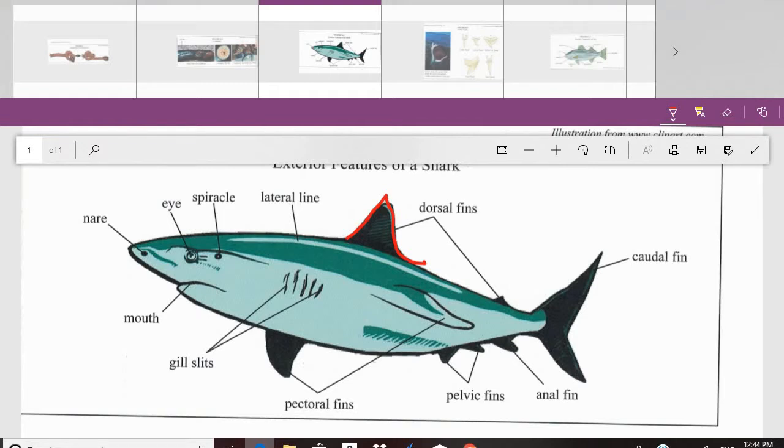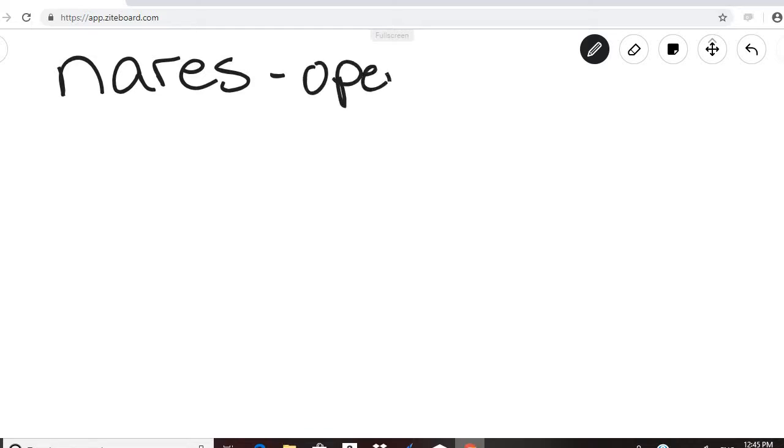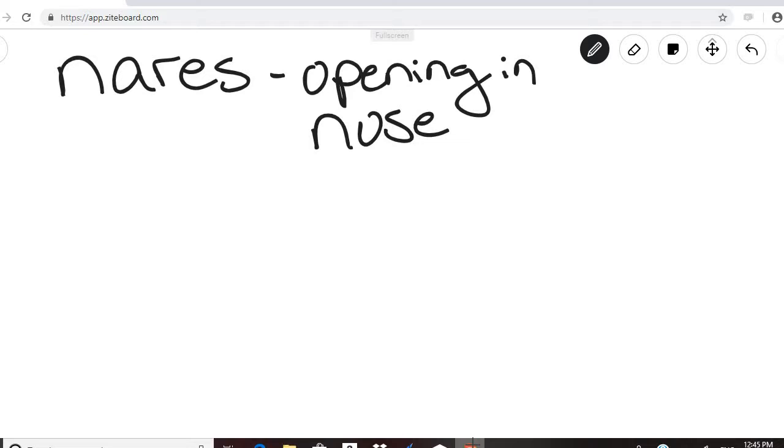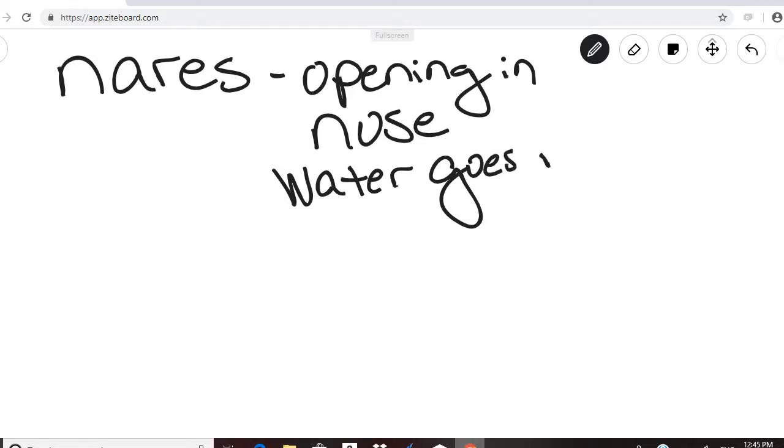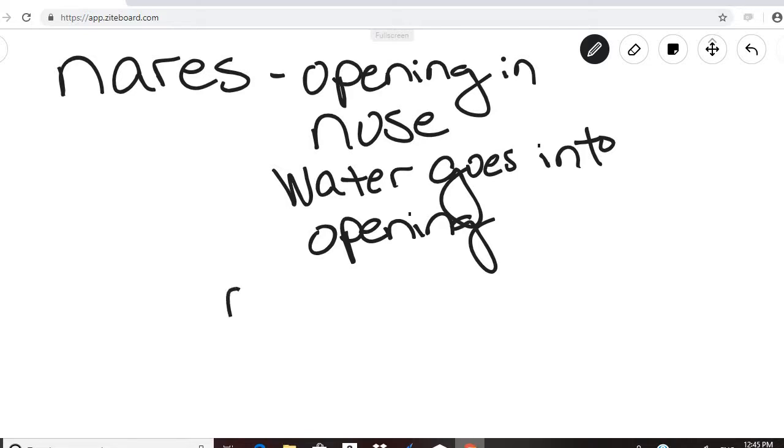Okay, one thing that I will mention is this nares. So let's go back and talk a little bit about that. A nares is the opening to the nose. Humans have nares. And with regard to a shark, water goes into this opening. And then once that water gets in there, there are sacs that are called olfactory sacs.